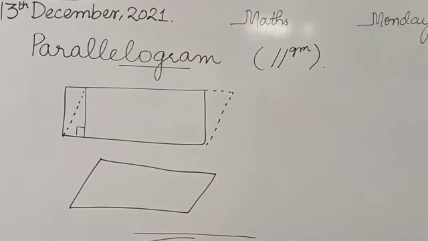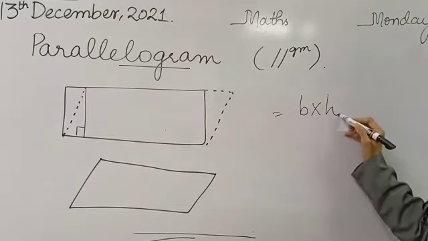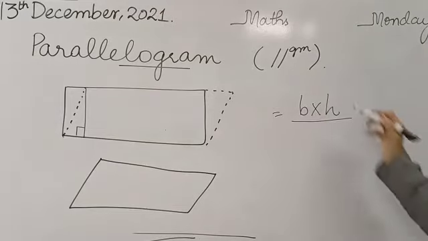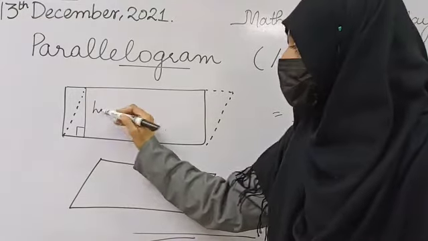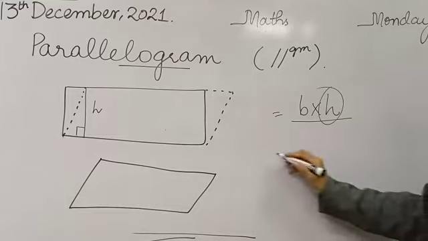And what is base? जिस लाइन पे आपका right angle बन रहा होता है, that is your base. Draw perpendicular. Now multiply base with height. And what is h? H is the height of this perpendicular. Okay, this is how to find out the area of a parallelogram.